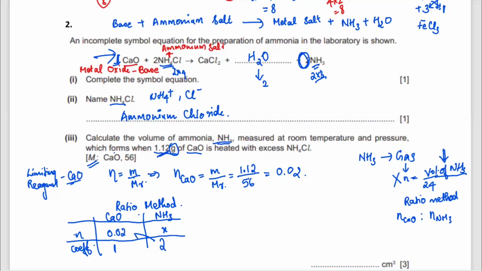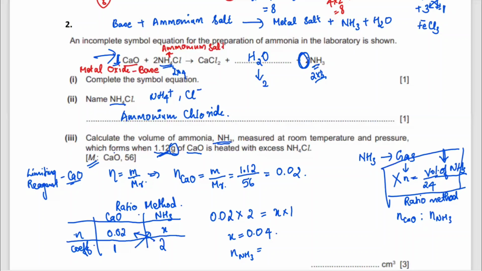Now what we will do is we'll just crisscross it and equate it. So 0.02 into 2 will be equal to X times 1, which means X is equal to 0.04. X is nothing but the number of moles of NH3, right? So the number of moles of NH3 is equal to the volume of NH3 divided by 24.